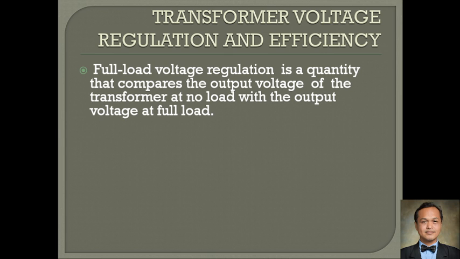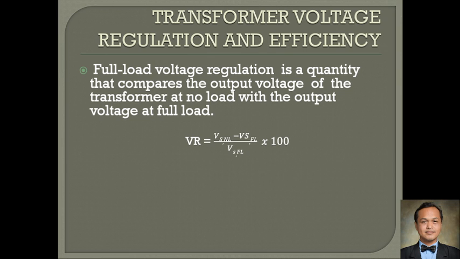Mathematically, VR, which represents voltage regulation, is equal to the voltage at no load minus the voltage at full load, over the voltage at full load, times 100, because voltage regulation's value is in percentage.